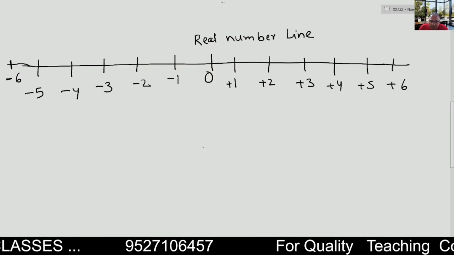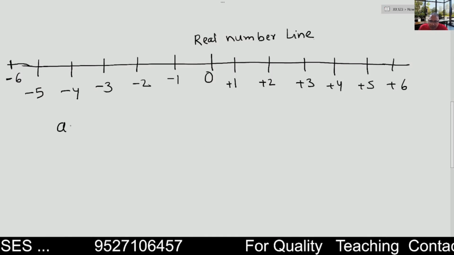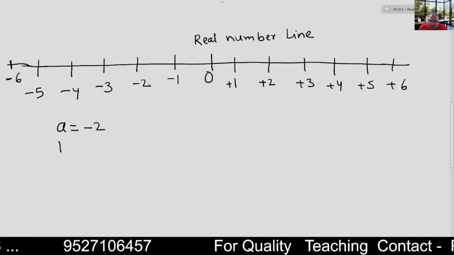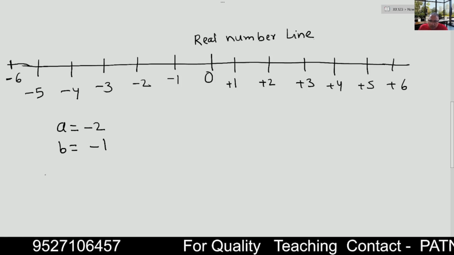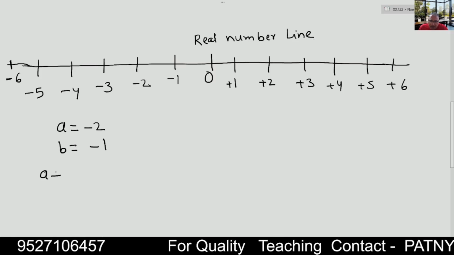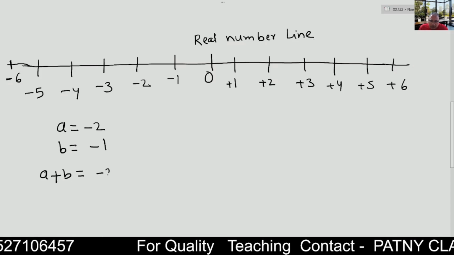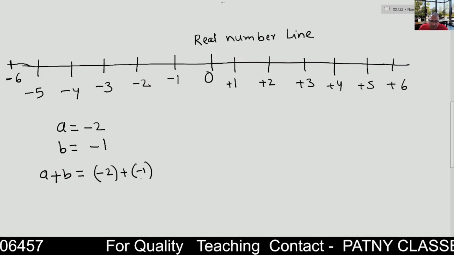Consider the real number line. On this number line, consider two numbers. For example, A equals -2 and B equals -1. Now suppose we want to add A plus B, then A equals -2 added to B equals -1.